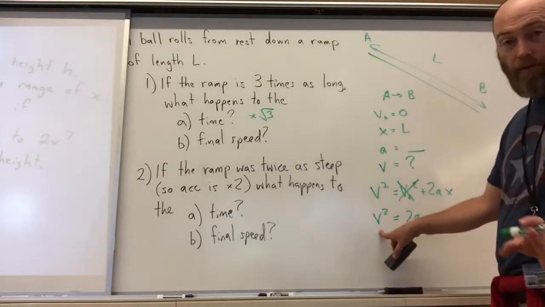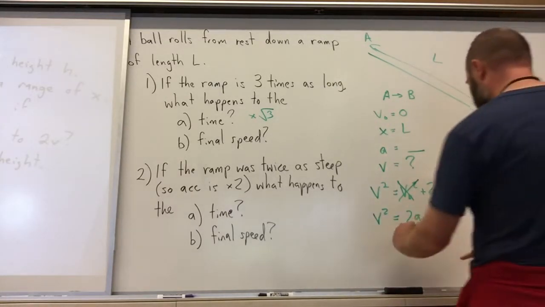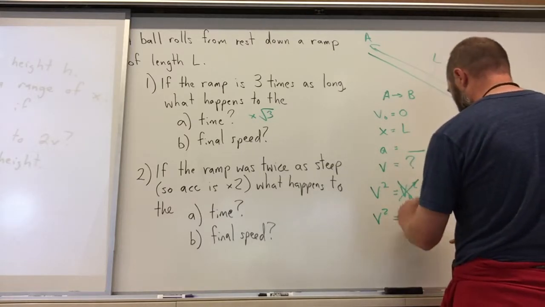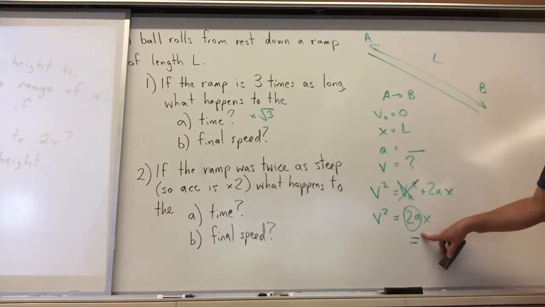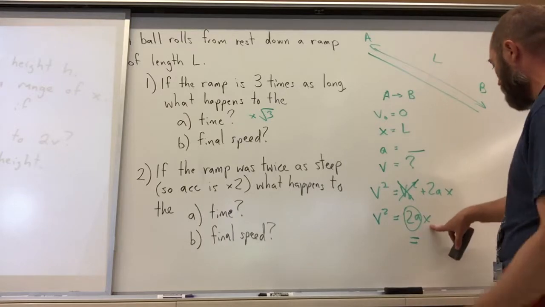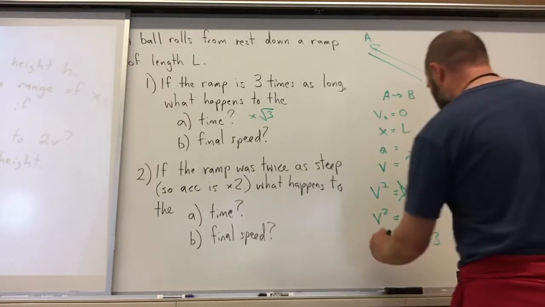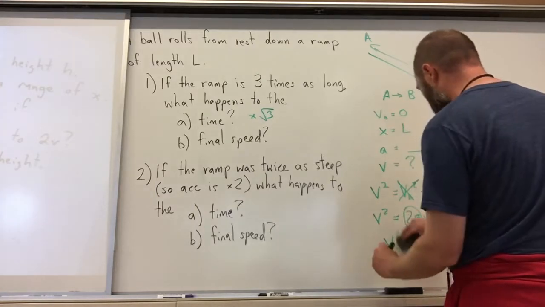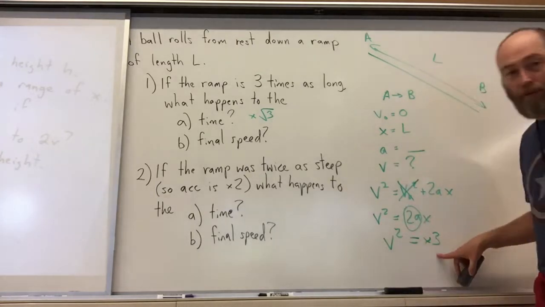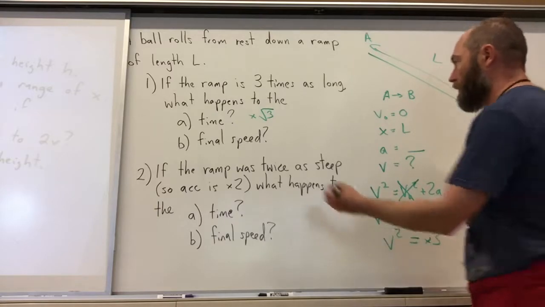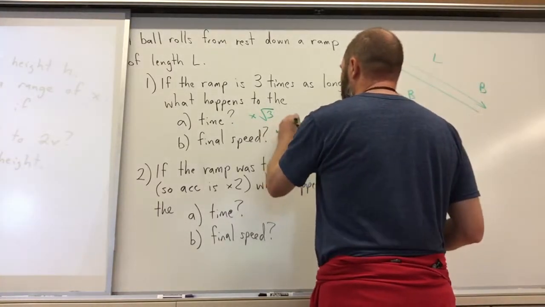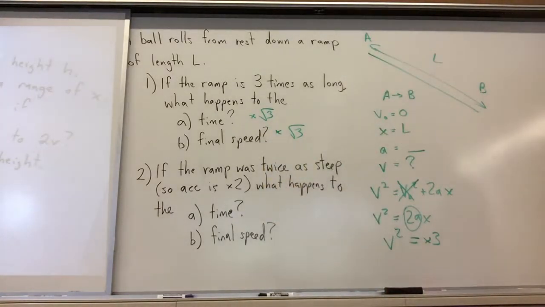I'm looking for what happens to this. 2 times a is the same, nothing's happening if I make the ramp 3 times long. Well, this is going to be times 3. So v squared is times 3, which means my v would also be times the square root of 3. Boom. Hopefully that makes sense.